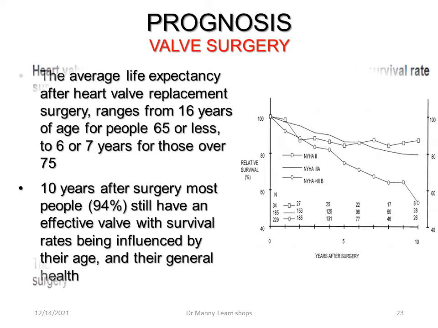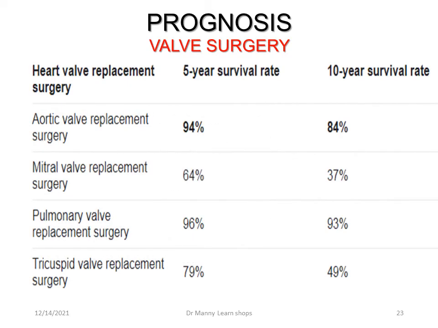As far as valve surgery goes, aortic valve replacement surgery, more than 94% 5-year survival, 10 years, 84%. That's pretty good. 64, 37% mitral valve replacement surgery, 96, 93 pulmonic valve replacement surgery, 79, 49% tricuspid valve replacement surgery.